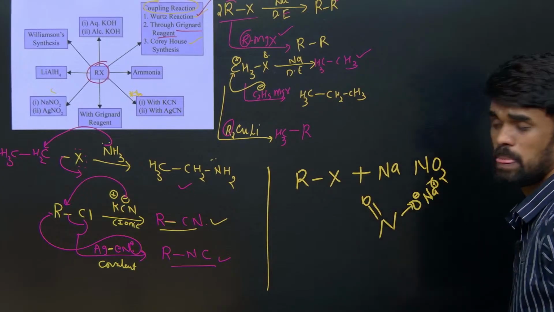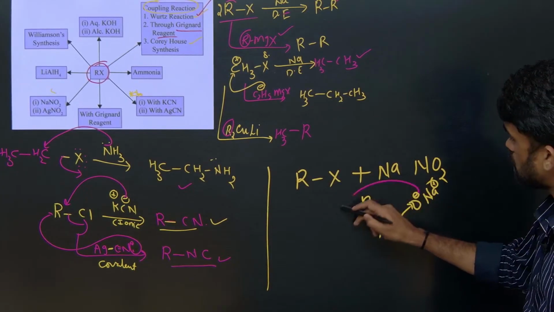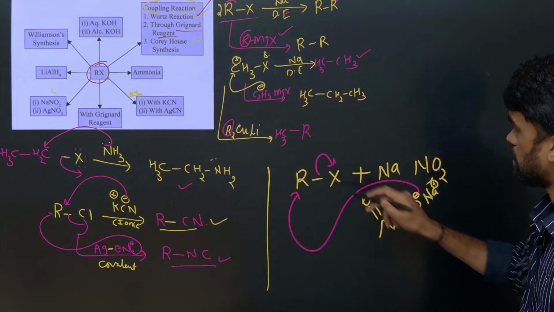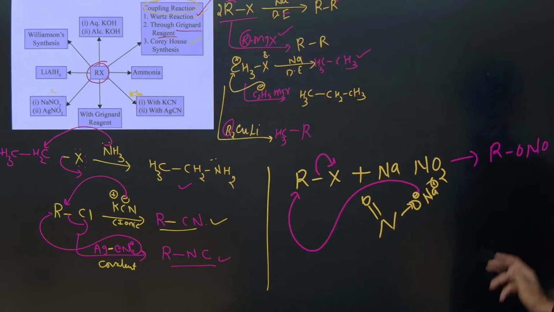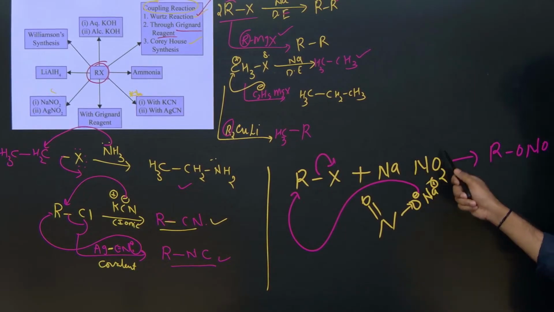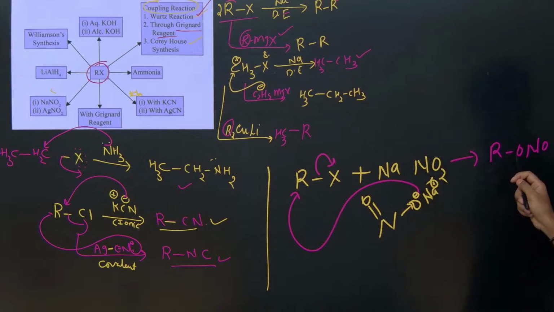Now if this minus charge is given when the halogen is going out, we get R-ONO. So when we take NaNO2, which is ionic, this will be the product.